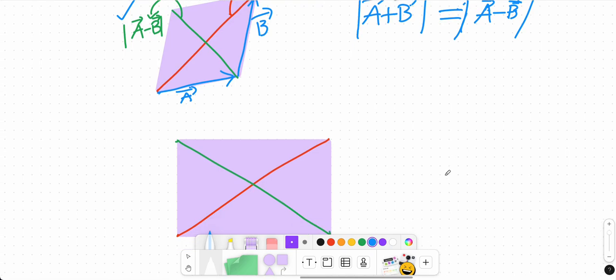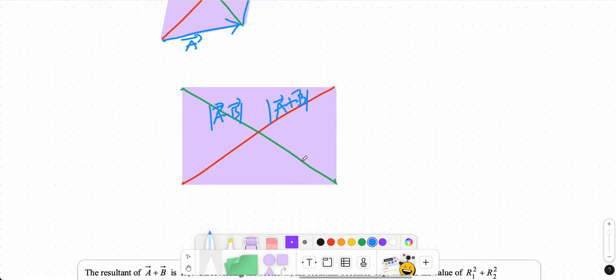In rectangle, this A plus B and this A minus B, both the magnitude of two diagonal are same. That means two vector A and B in a rectangle are making 90 degree.